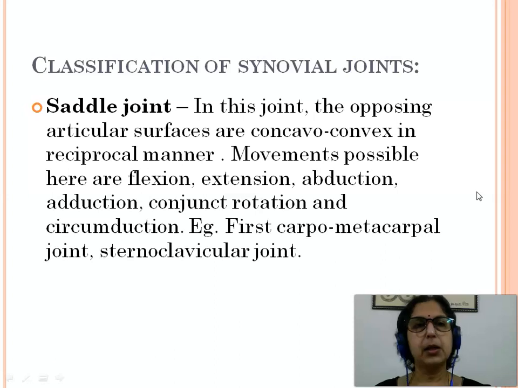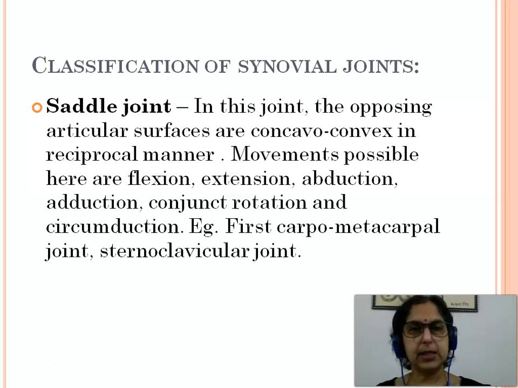Second variety is the saddle joint. In this joint, the opposing articular surfaces are like a saddle. In a reciprocal manner, it is saddle-shaped, that is concavo-convex. Movements possible here are again all three sets: flexion-extension as one set, abduction-adduction as the other set, and conjunct rotation as the third set.